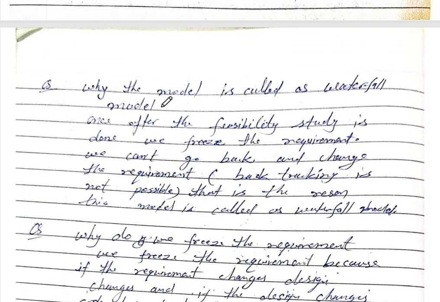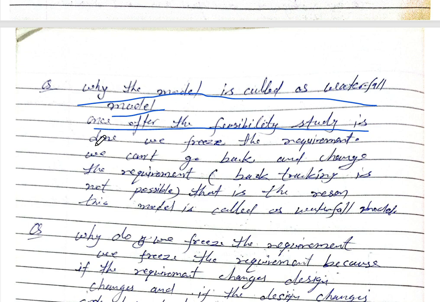Next, the waterfall model. Why is the model called the waterfall model? Because once the feasibility study is done, after the feasibility study we freeze the requirement, which means we cannot change the requirement. We can't go back and change it. Backtracking is not possible.